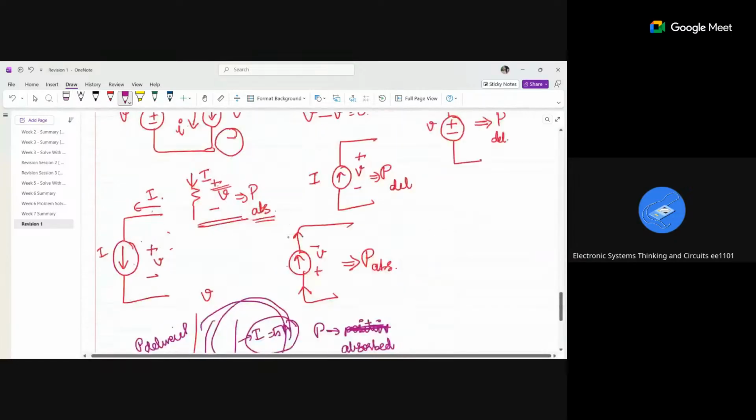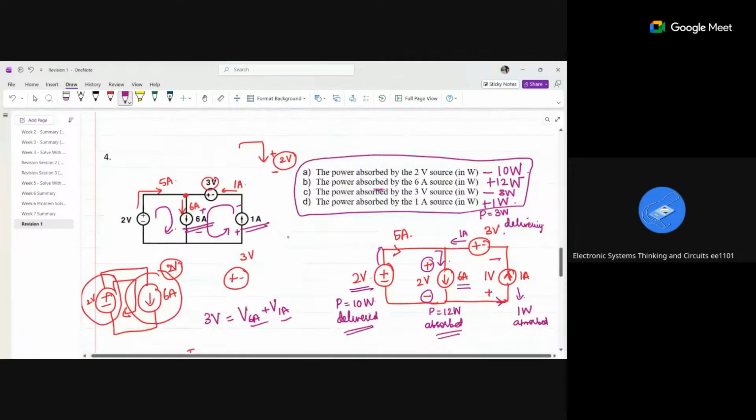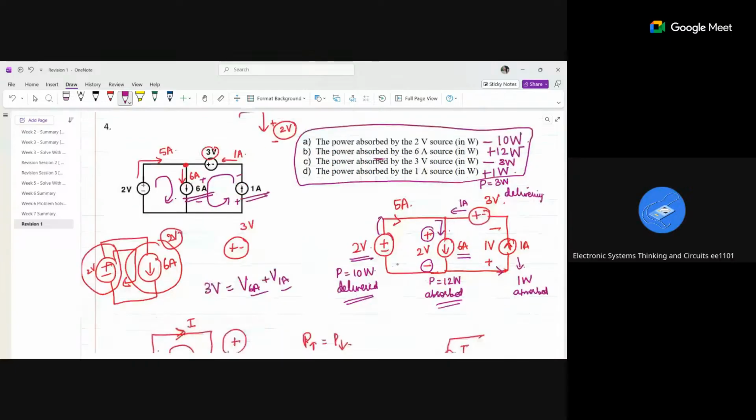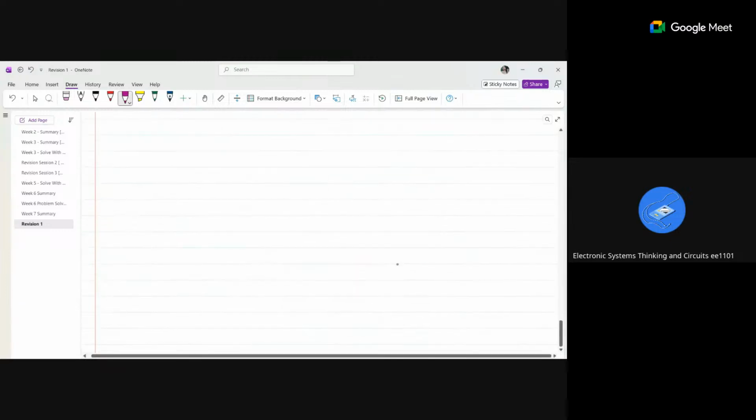Then you have to go and see in the question whether it is absorbing or delivering. If both match, then it is positive. If it is not matching, then you have to put a negative value. So there is one more question now.